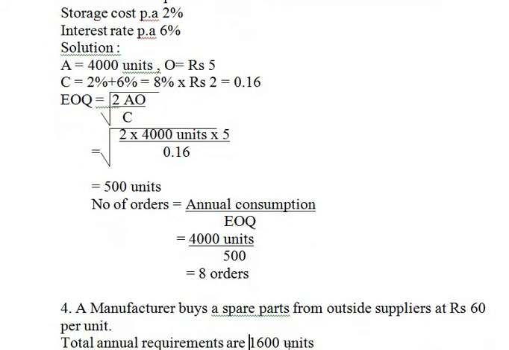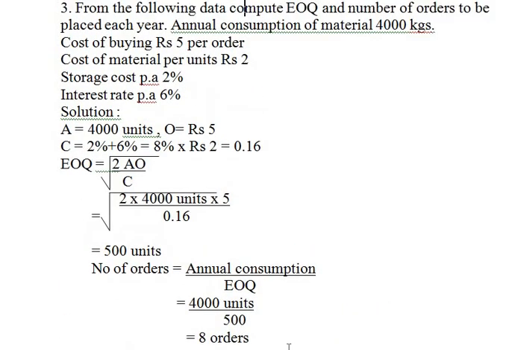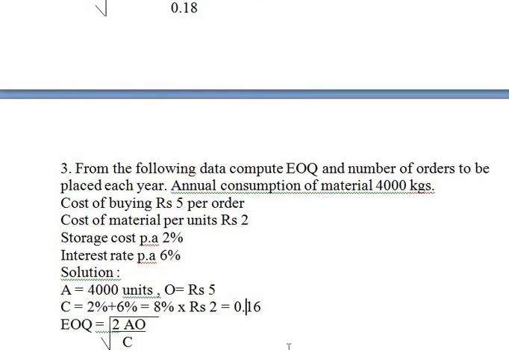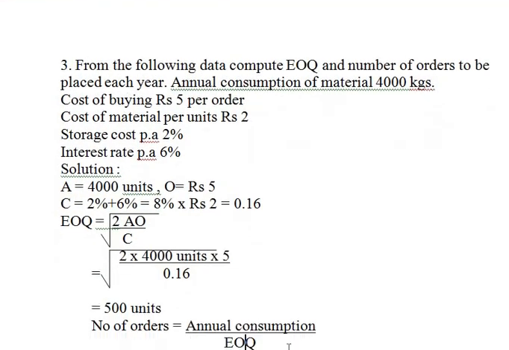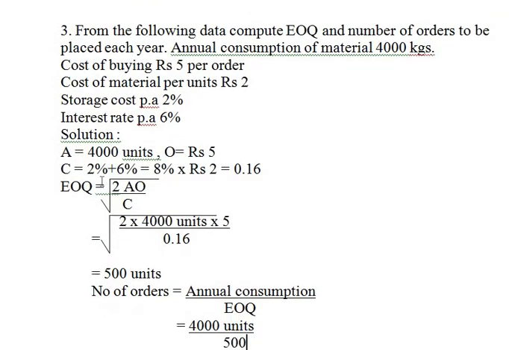Understanding everyone? Okay. So in this problem what we have done is annual consumption we have taken and O already they have given it is 5 rupees. Now C, carrying cost, is storage cost separately they have given, interest rate separately they have given. So we have added this and it has to be calculated on inventory value, that is cost of material per unit, that is rupees 2.